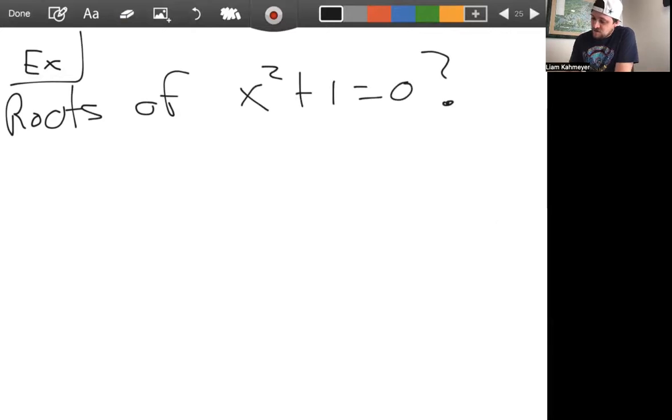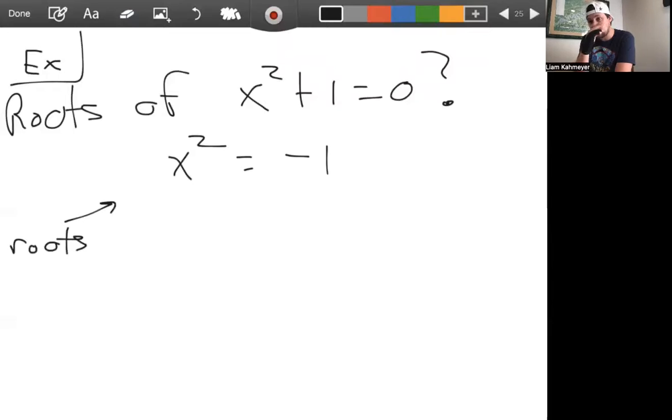Well, then the roots would be x squared equals -1. There are two roots because it's a quadratic, right? So the roots here are not in the reals. And so we need to expand our understanding here. We need to expand the field that we're taking numbers from.